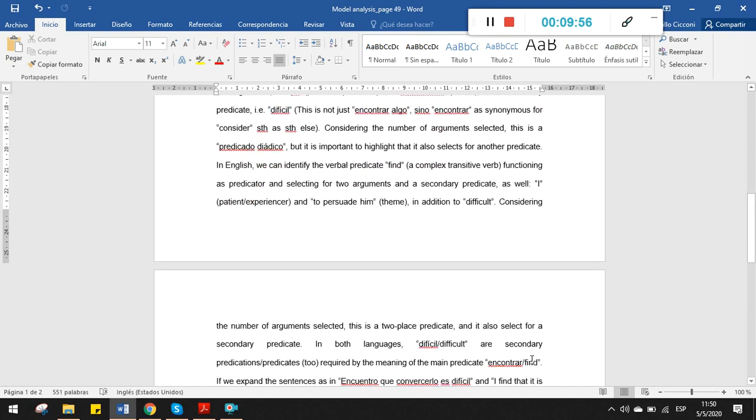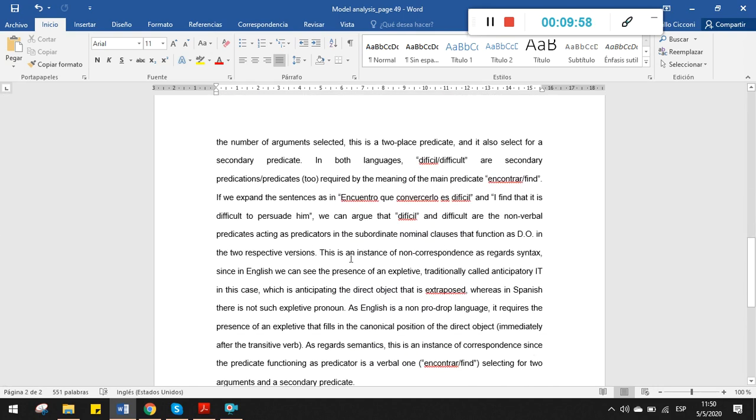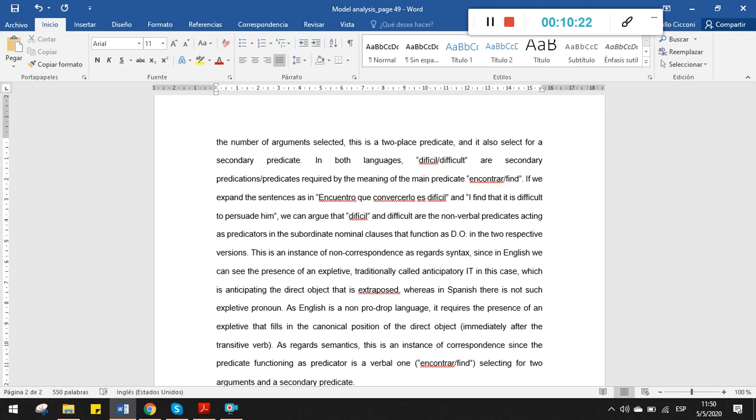Considering the number of arguments selected, this is a two-place predicate, and it also selects for a secondary predicate. In both languages, difícil and difficult are secondary predications or secondary predicates required by the meaning of the main predicate, encontrar or find.